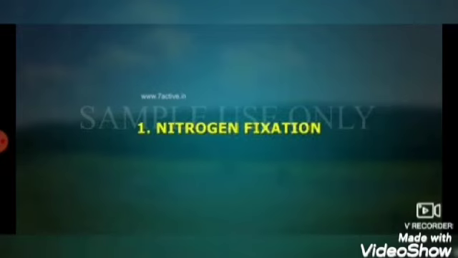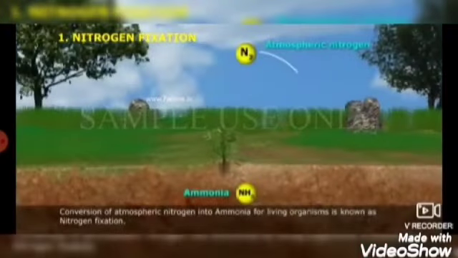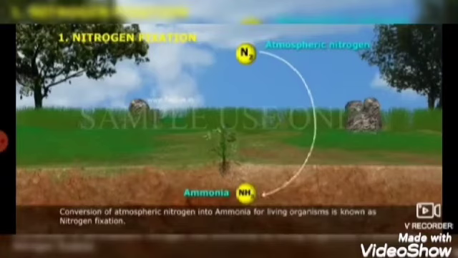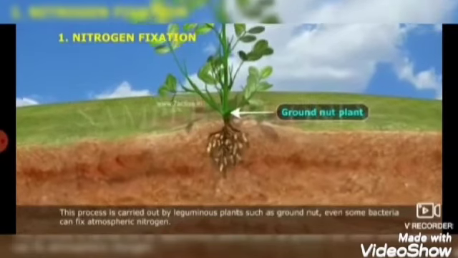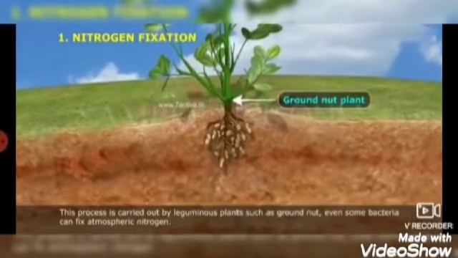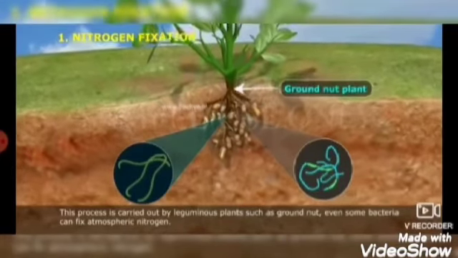Number 1, nitrogen fixation. This is the first step of the nitrogen cycle. Conversion of atmospheric nitrogen into ammonia for living organisms is called nitrogen fixation. This process is carried out by leguminous plants such as groundnut.